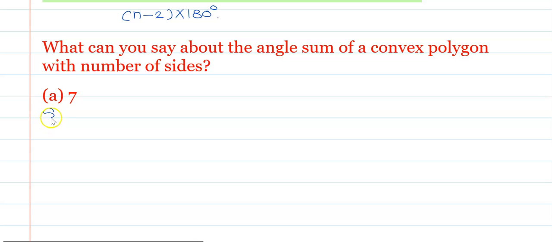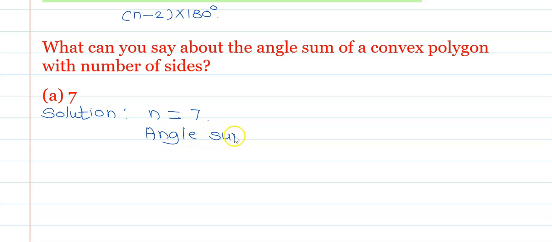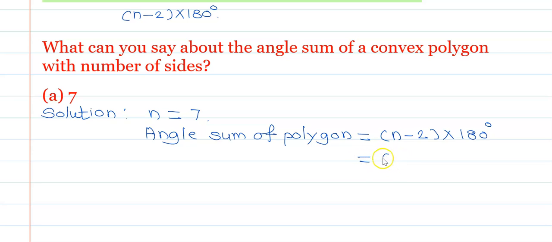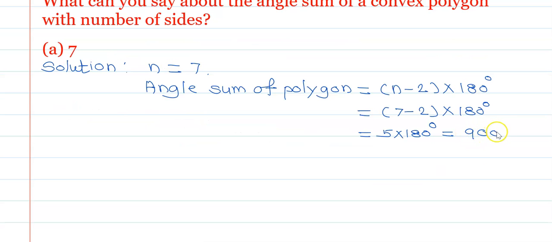Now the solution. Here n is equal to 7. Now the angle sum of polygon is equal to in bracket n minus 2 into 180, and that's equal to 7 minus 2 into 180, and this is 5 into 180, and that's equal to 900.